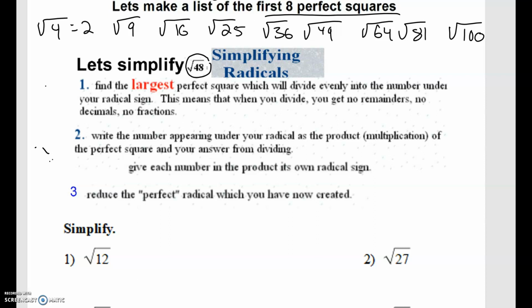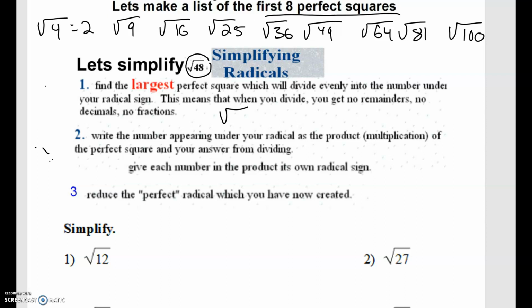I'm going to take 48 and see which one, the largest one, you always want to get the largest one, goes into 48 perfectly without going over. If you look at our list there, I believe it's going to be 16, wouldn't it?